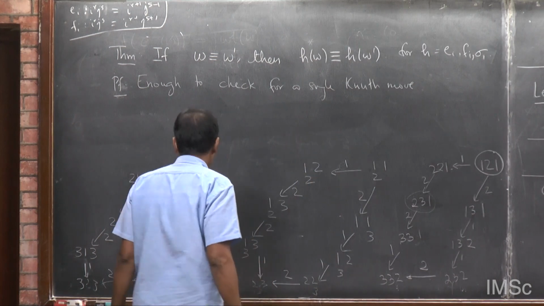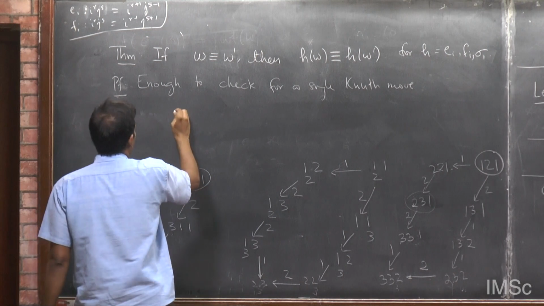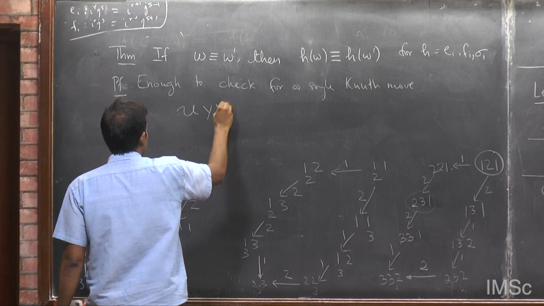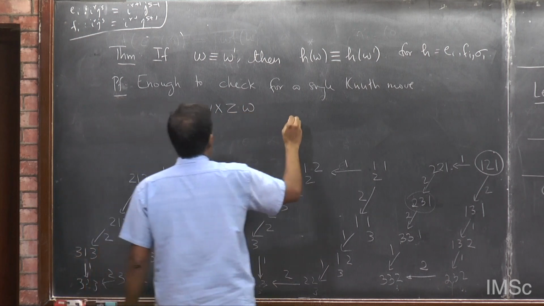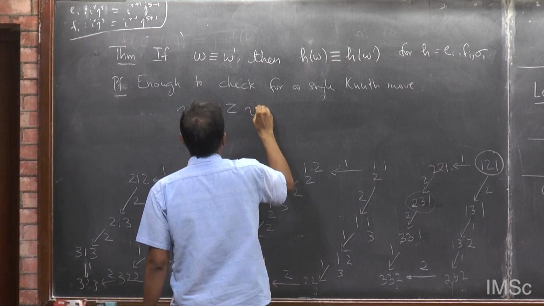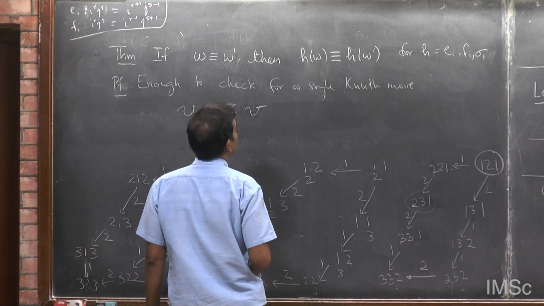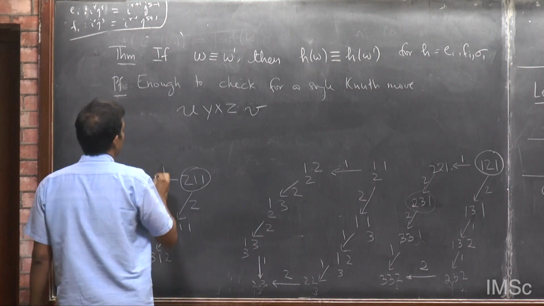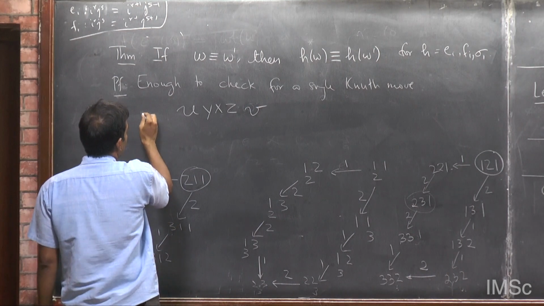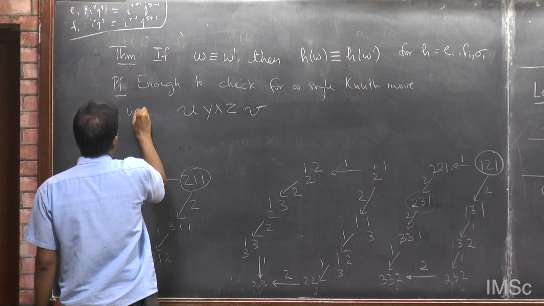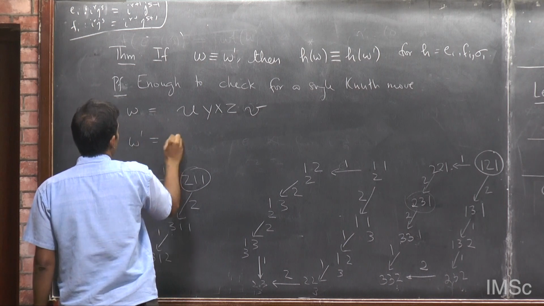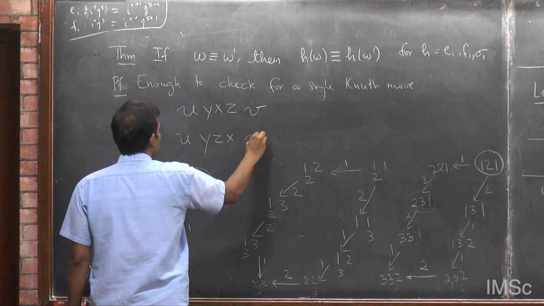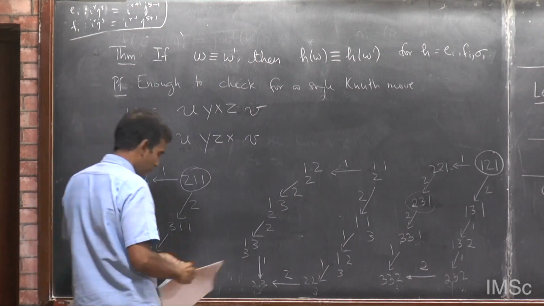Let us look at a Knuth move of the form u y x z v, and so this is my w, and let us look at w prime equals u y z x v. What is the condition here on x, y and z?